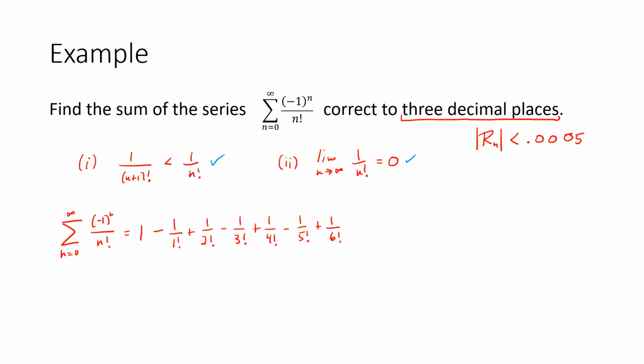I'm going to write out a few more terms, and then we'll think about how the theorem might be useful here. Looking at these last 2 terms, this term, if I evaluate it in my calculator, is about 0.00138, and this term here is about 0.000198.